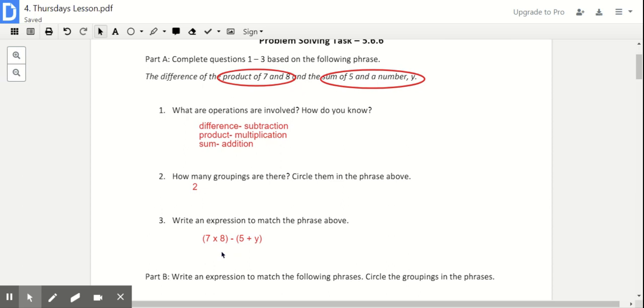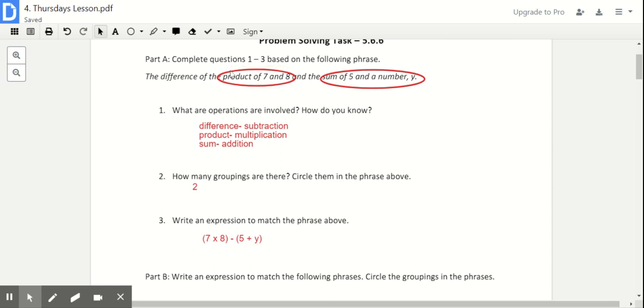Why does order matter when we are doing this type of phrase and putting into an expression? Correct. Order matters because we are using subtraction, because that's where the difference word comes in. And we need to make sure that when we are subtracting, that first phrase comes first because it's telling us the difference of the product of 7 and 8 and the sum of 5 and the number y.